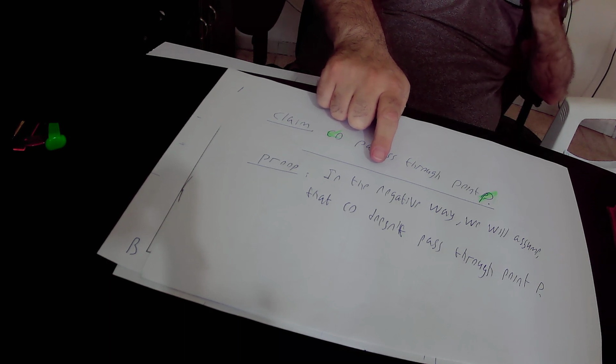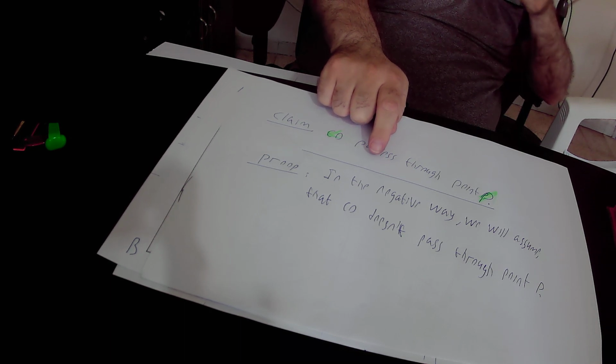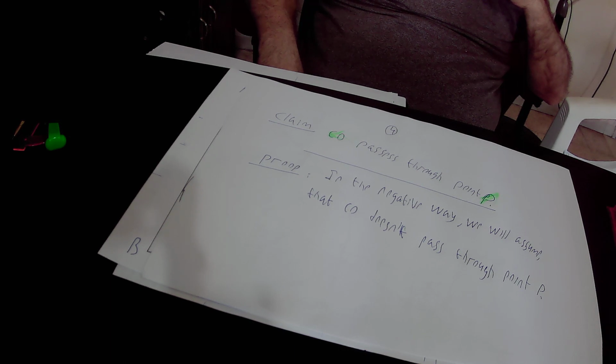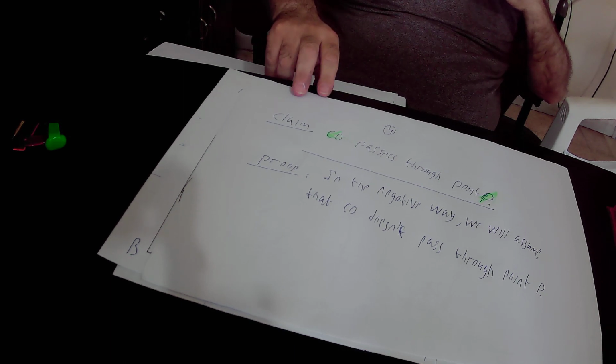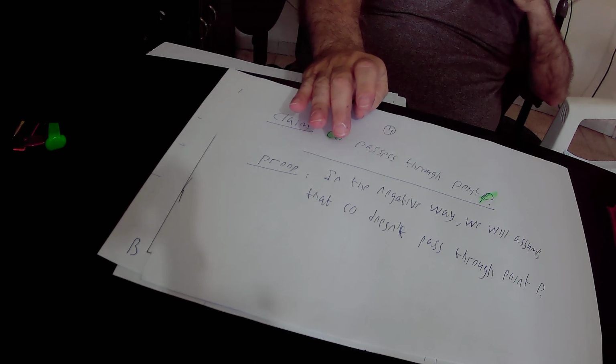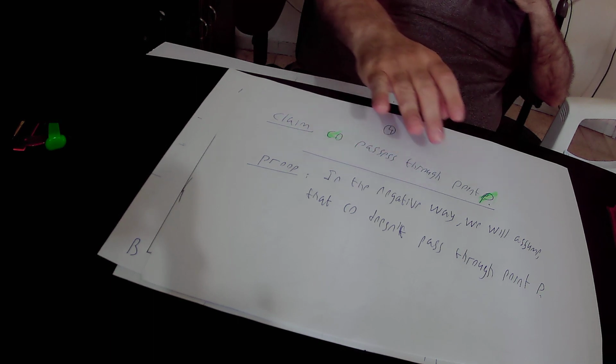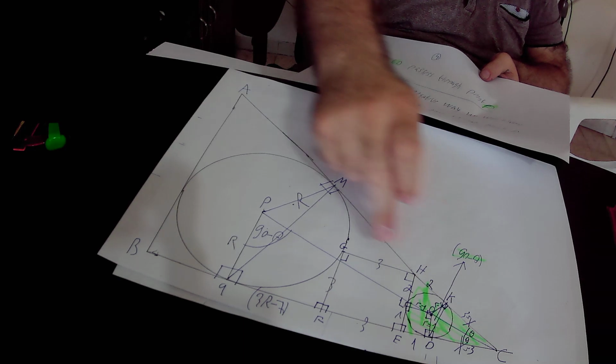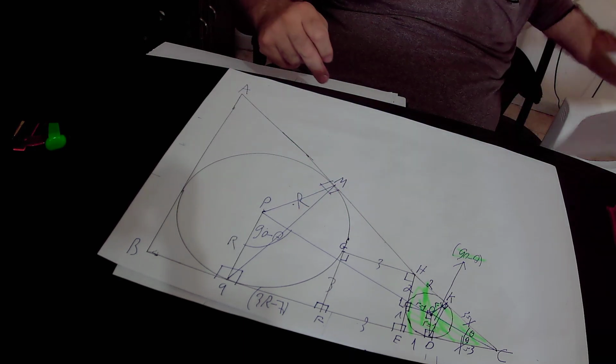Therefore, we concluded that our assumption is not true. Therefore, we must conclude that CO passes through point P. Okay? So, our assumption is that CO doesn't pass through point P.